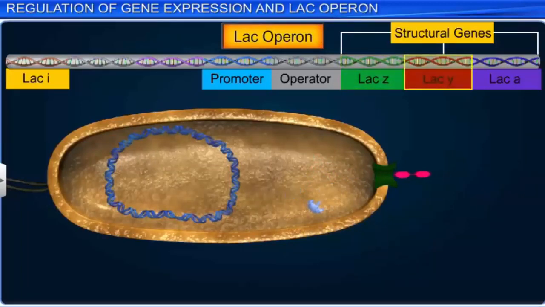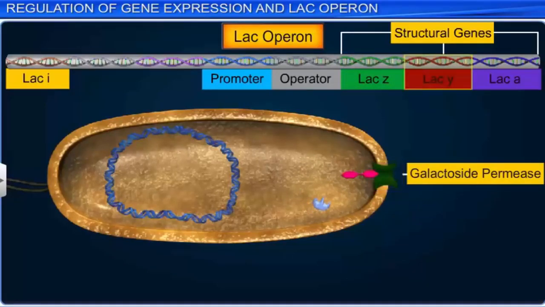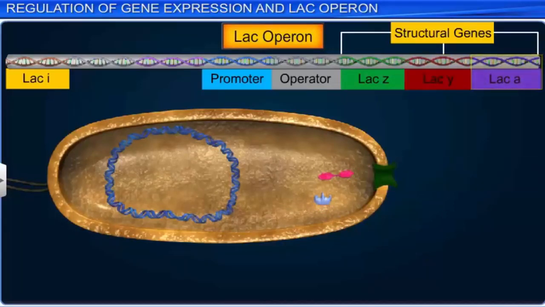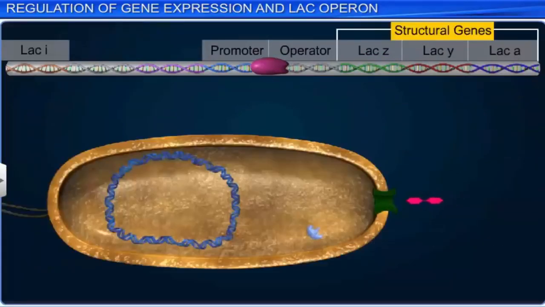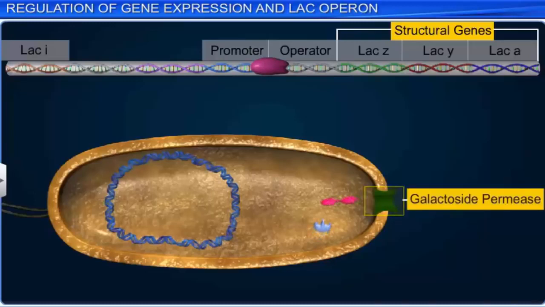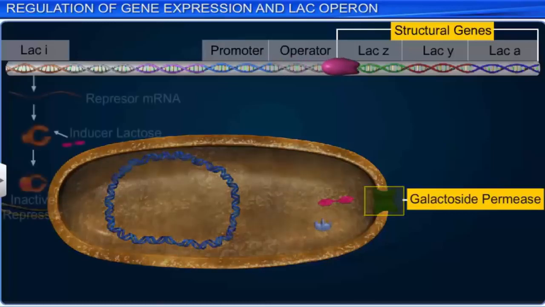The lac Y gene codes for permease, which increases the permeability of the cell to lactose, while the lac A gene codes for trans-acetylase, whose function is unknown. The switching on and off of the operon is controlled by lactose and is hence the inducer. Since lactose needs a small amount of permease enzyme to enter the cell, a very low-level expression of the lac operon is continuously required.